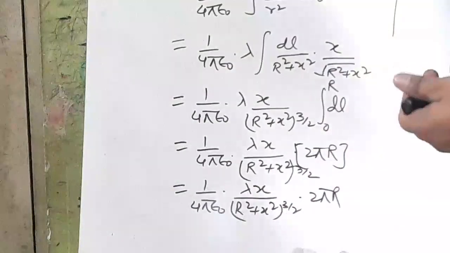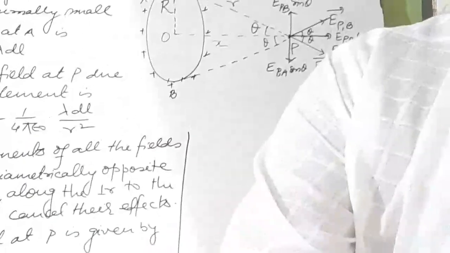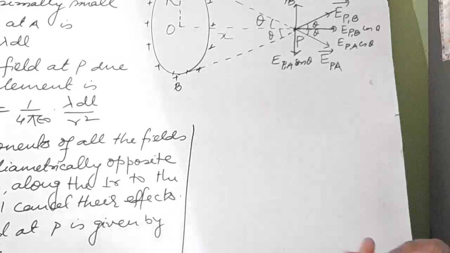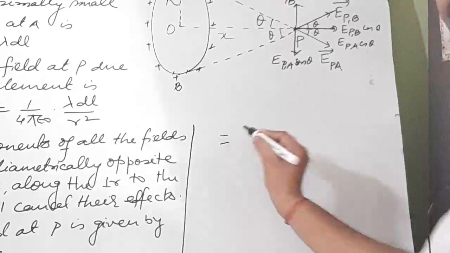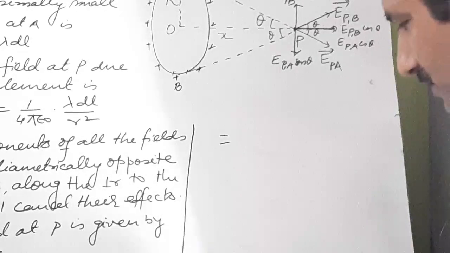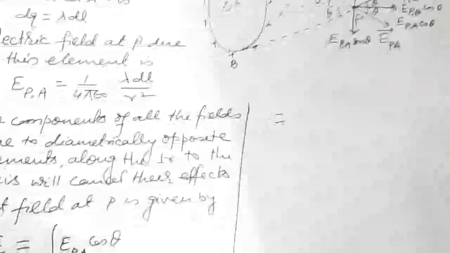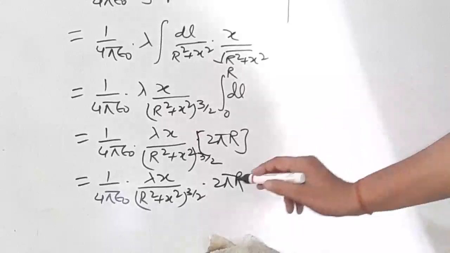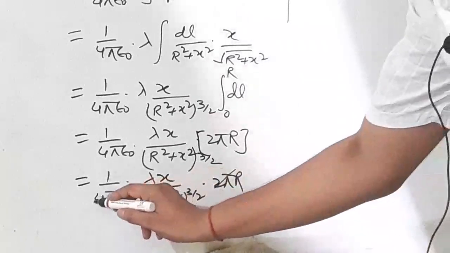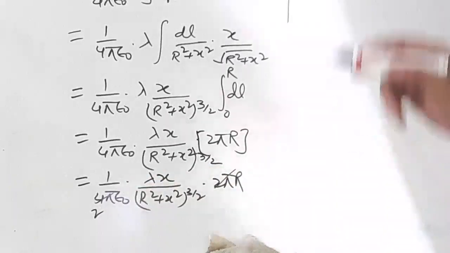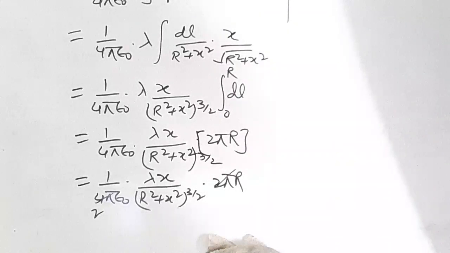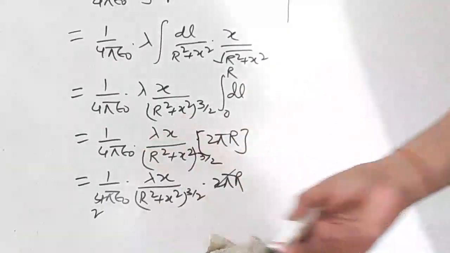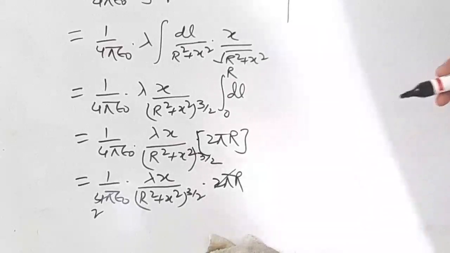Now just come here, it is equal to 2 pi r. You see here, at 2 pi r, this pi, 2 pi, 4 pi, it can be cancelled with 2. 2 pi into 2 is 4 pi.